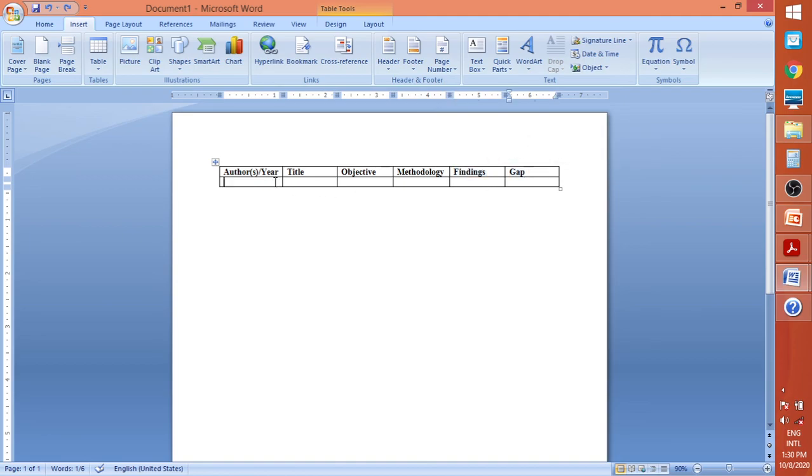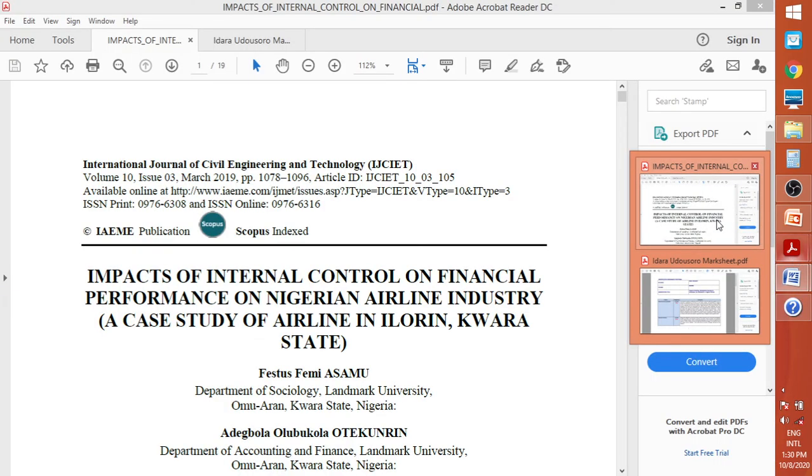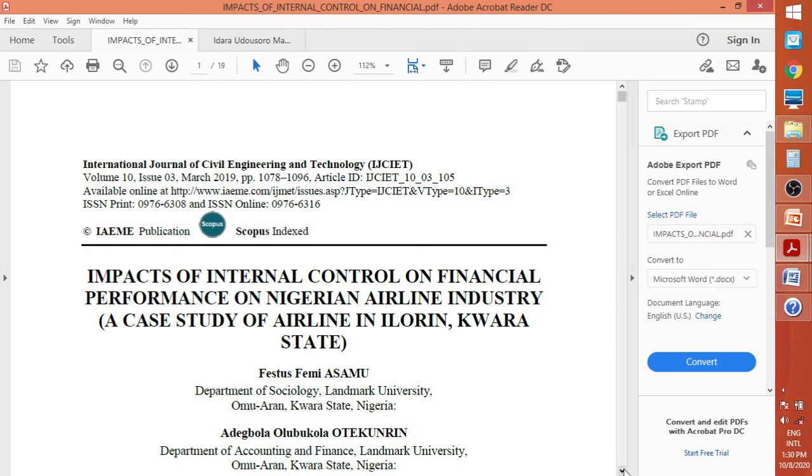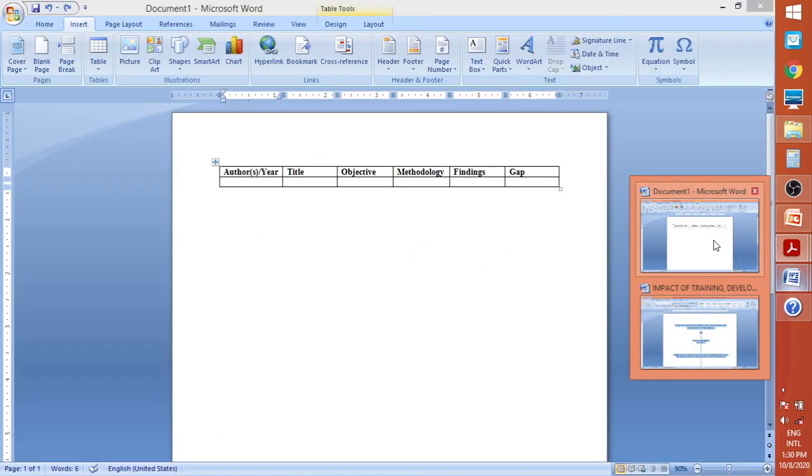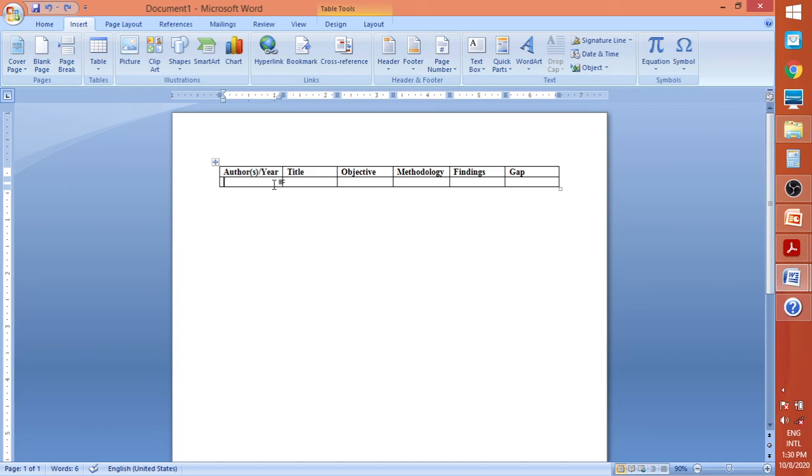So starting with the author and the year. I'll just go to the article, search for where the names of the author or authors appear. This is the name. I'll copy the first one, go back to where I'm doing my article review and paste it. I can either leave it this way or I'll use an initial for some of their names.